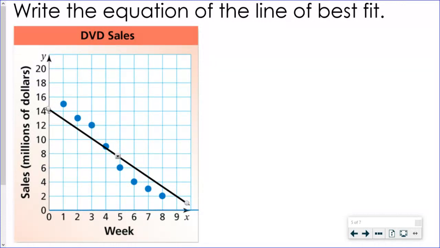That's not the average. We want the one that hits some possibly, but is as close to as many points as possible. So maybe something like this. And we're going to extend it.